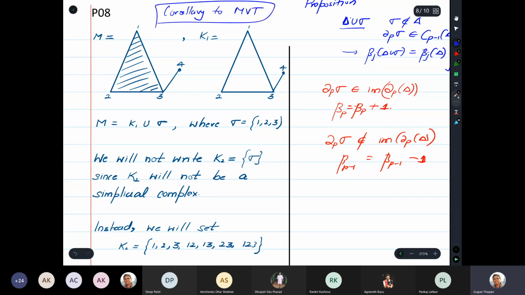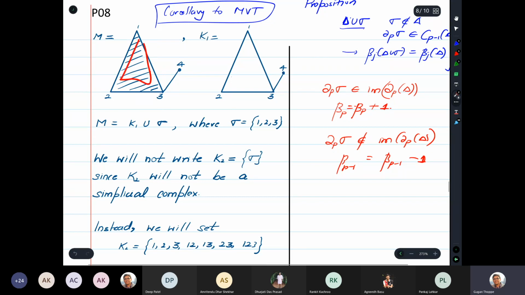All right, so let's see. What is the situation? This is the simplicial complex whose Betti number we are interested in knowing, and this is the simplicial complex that we begin with. Notice that the difference between this simplicial complex and this simplicial complex is just this face.